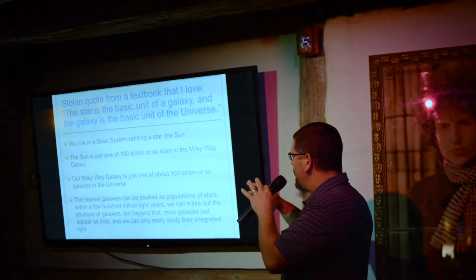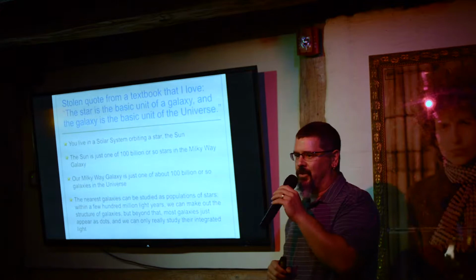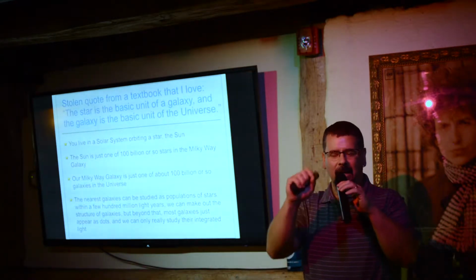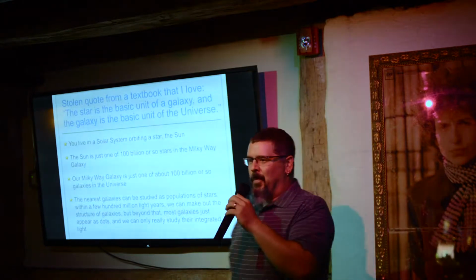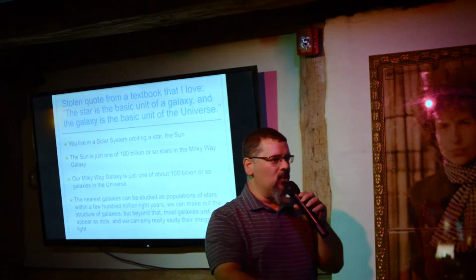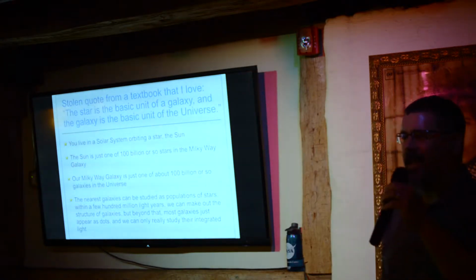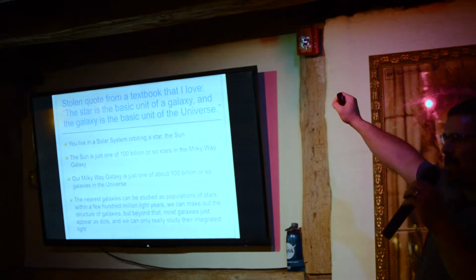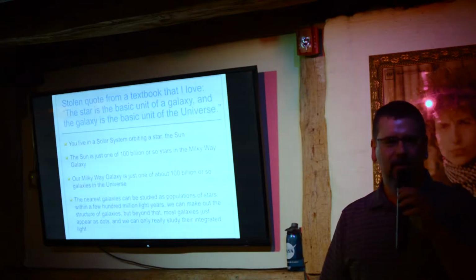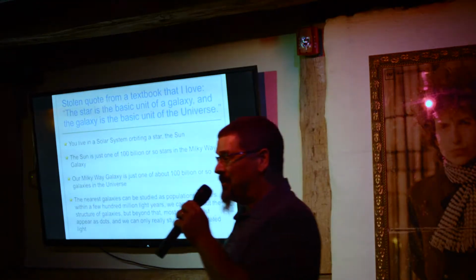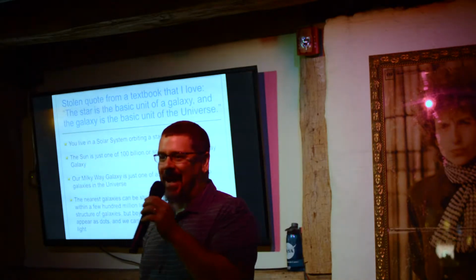So within about the nearest few 100 million light years or so, that's where we do study galaxies as a whole galaxy, and we look at individual pieces of them. But here's the fun thing that Jacob showed you. The very first thing he showed you was, here's a picture of all of these points of light. And he said, all of those little pinpoints of light are stars. Well, here's one little thing I want to change on him. Some of those very little pinpoints of light are, in fact, galaxies.